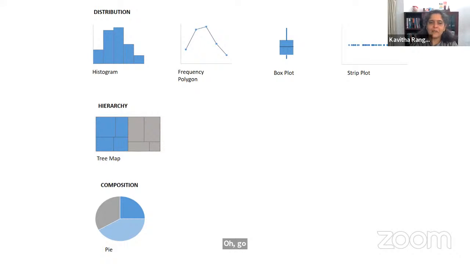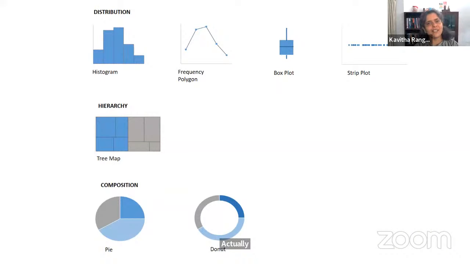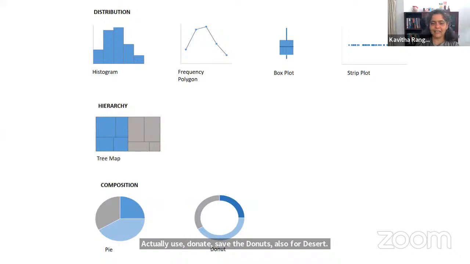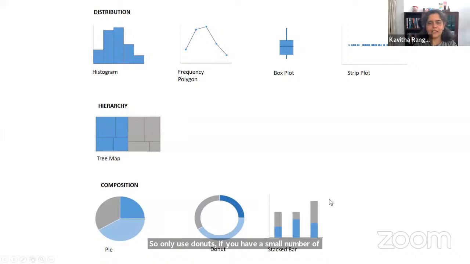You can just Google it, and that will convince you to be very careful in how you use pie charts, because most pie charts that are used today are actually quite useless. So you want to know when you can actually use them. Donuts, save the donuts also for dessert. Only use donuts if you have a small number of categories. They fall in the same category as pie charts.